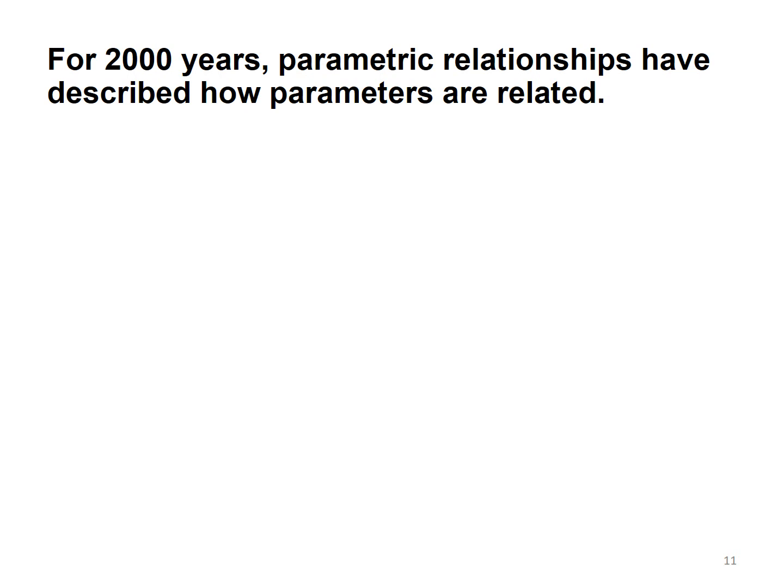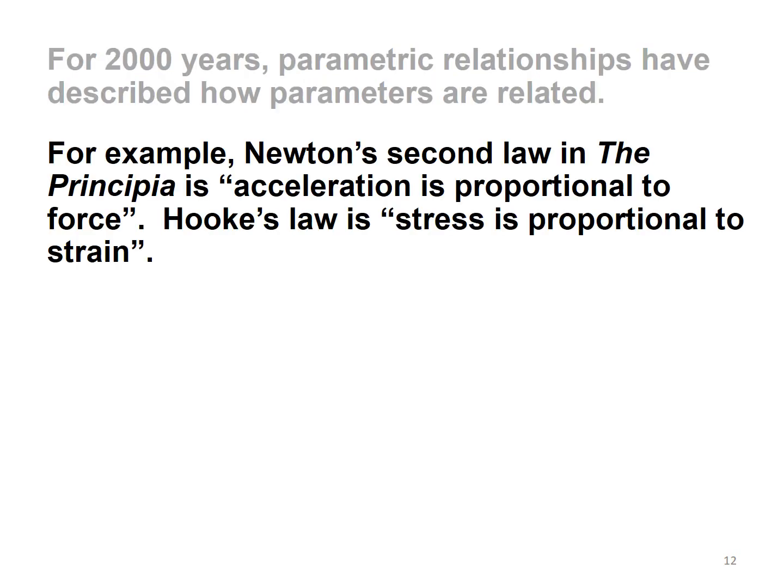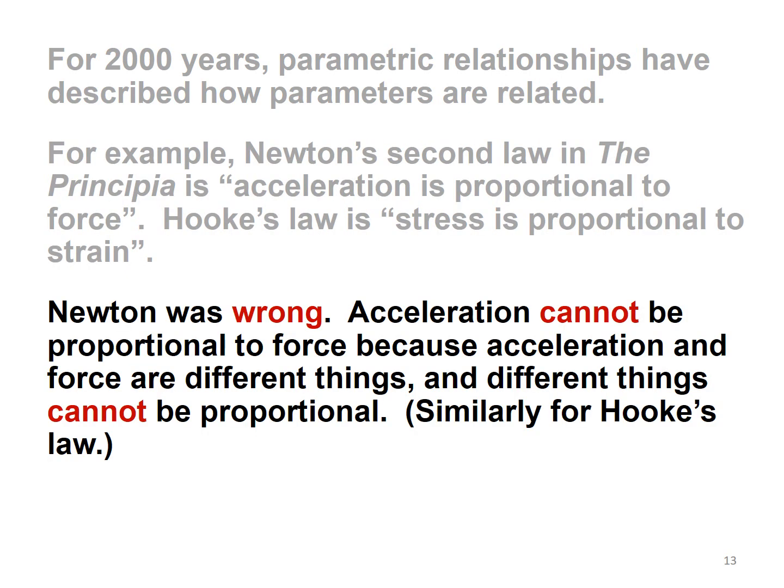For 2,000 years, parametric relationships have described how parameters are related. For example, Newton's second law in the Principia is acceleration is proportional to force. Hooke's law is stress is proportional to strain. Newton was wrong.